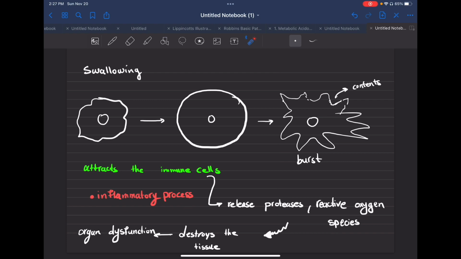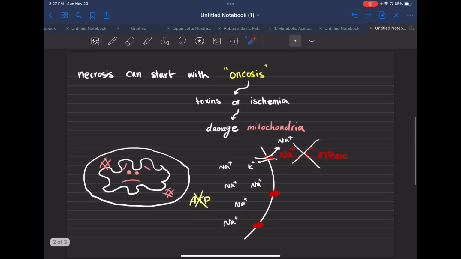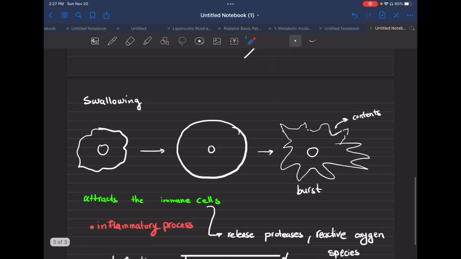They release these, and that destroys the tissue. And at the end, if it's in a very big amount, it can even make the organ dysfunctional. So this is oncosis, which is one of the ways that necrosis can start.